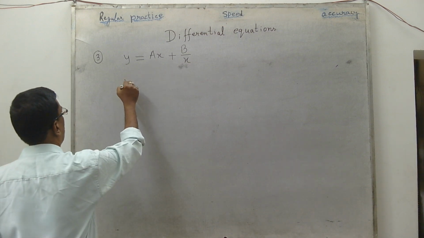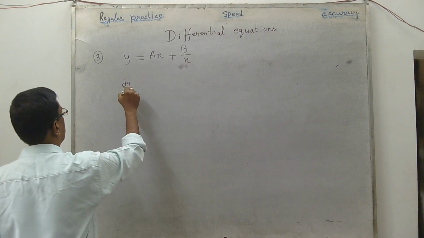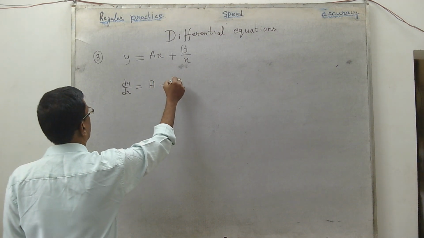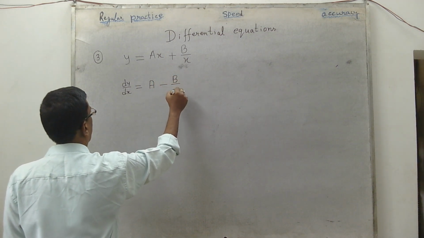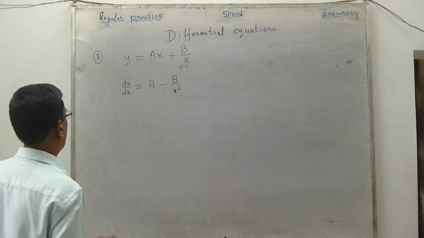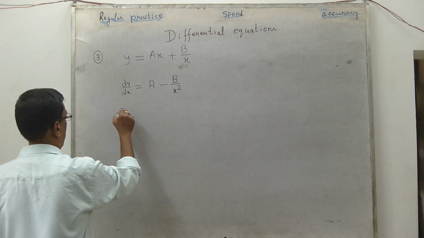First, dy by dx. It is a minus b by x square. Take this x square here.